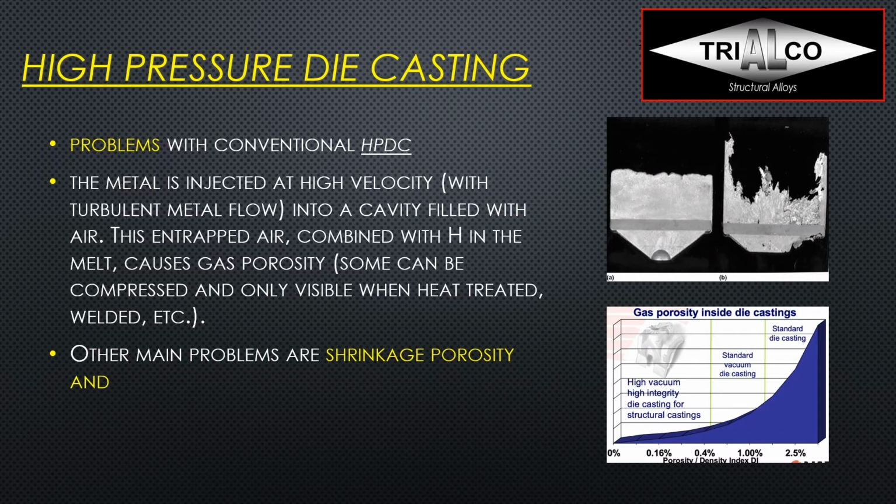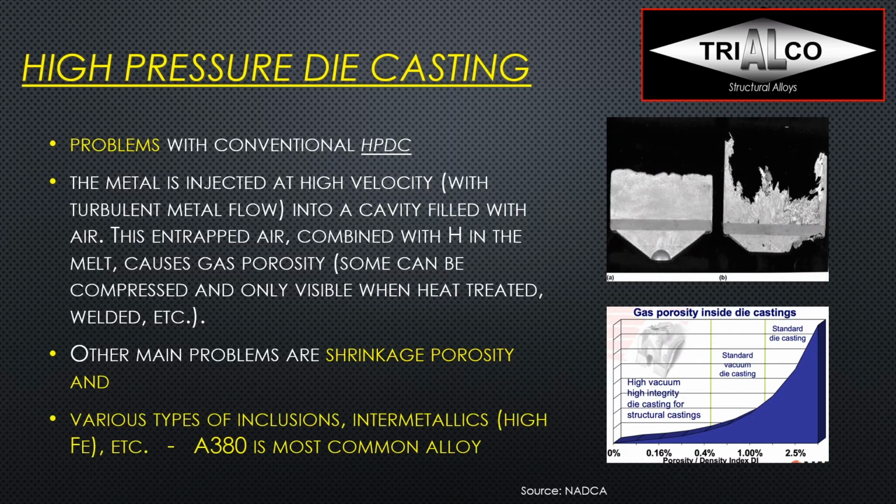And we typically therefore also have various types of inclusions, intermetallics, etc., because of the high-speed injection of high-temperature aluminum. Aluminum has a high affinity to iron, and therefore the steel mold, so it would actually just stick to it. If you cast an A356 primary alloy like this, that is usually suitable for any other process, in high-pressure die casting it would just stick to the die, or it would solder to the die.